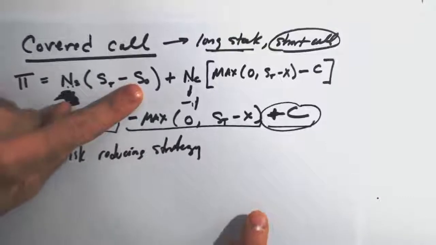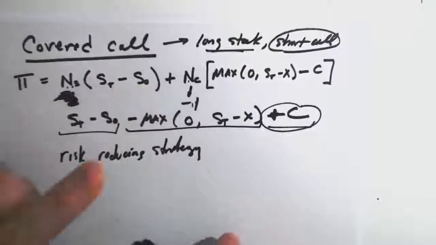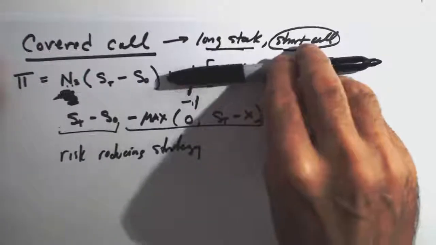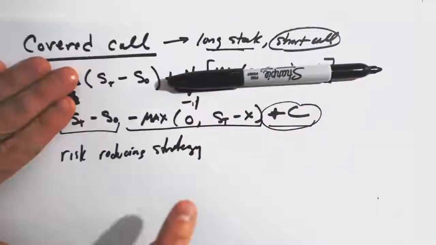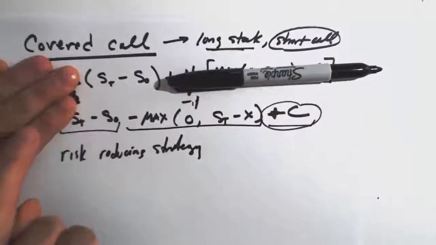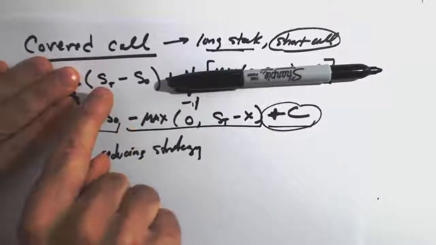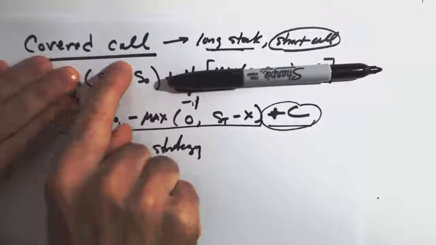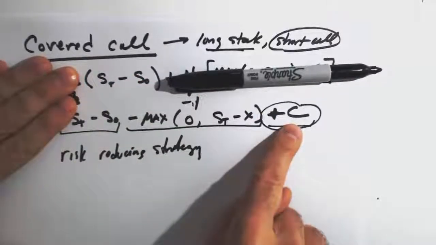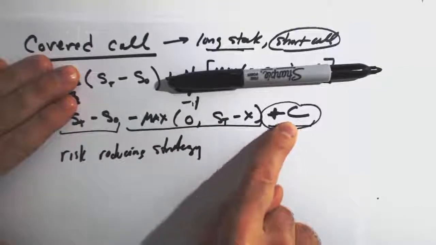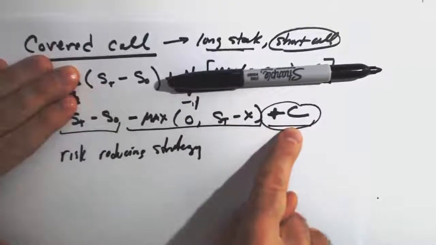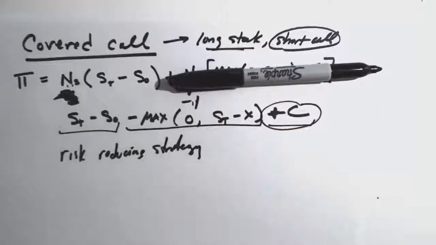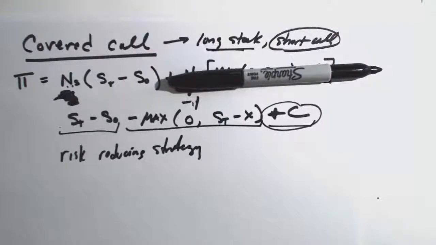So if you had the stock by itself, this is what would happen per share, but what you're doing is trading this potential upside for the positive cash flow now. Potential, now, cash flow. That's the thing with a covered call, and we'll look at that.